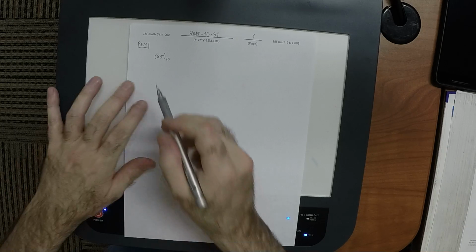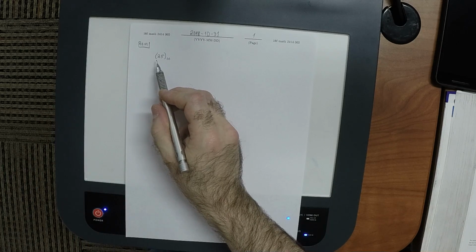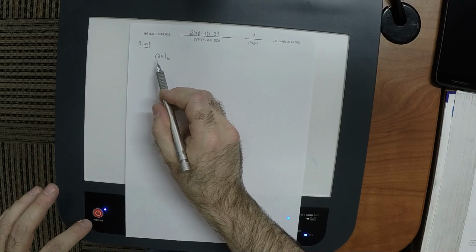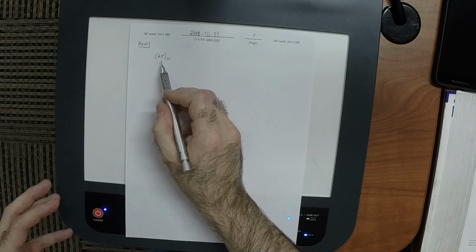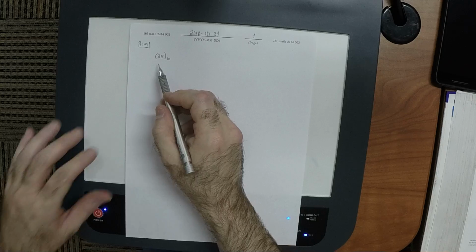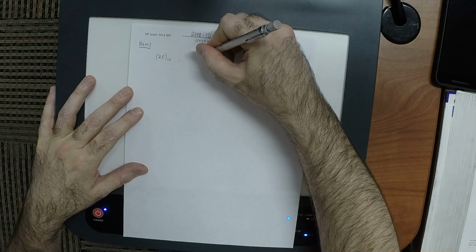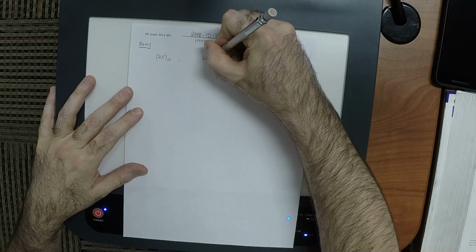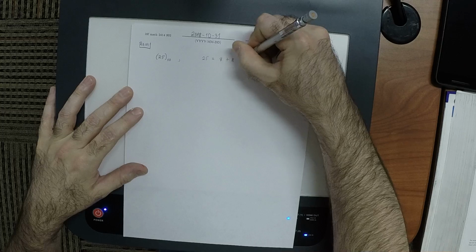In the end, the reason why it says 2, 5 is because there are 2 10s and 5 1s. That's what 25 means. So how many 8s can we get in there? We can get 3 8s, because, if I ignore the base 10 issue, do you observe that we can get an 8, an 8, and an 8?